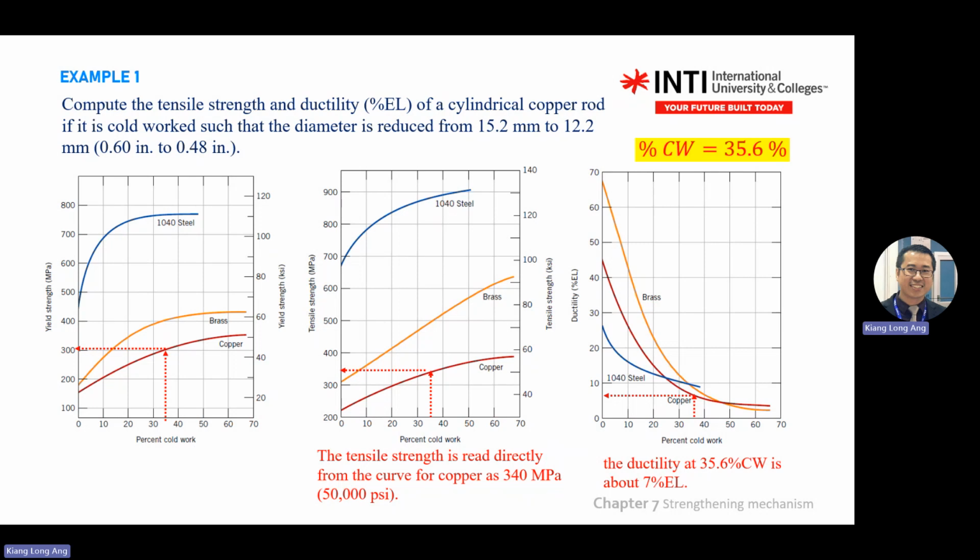Section A. The customer gives you a spec. Then from there, you get a range of the percentage of cold work. You link the percentage of cold work to here and here, and you decide what the percentage of cold work is. For example, the question will go like that usually.